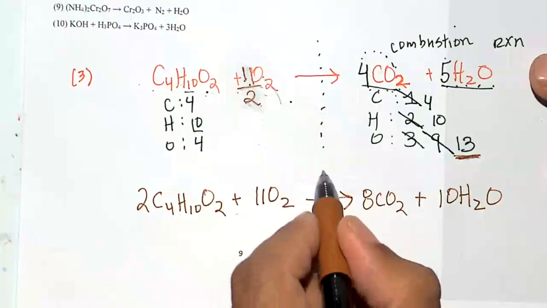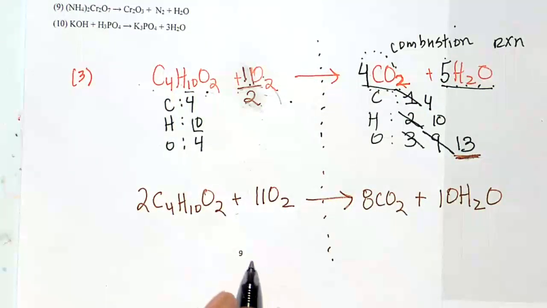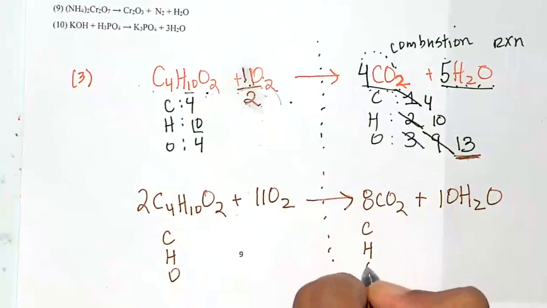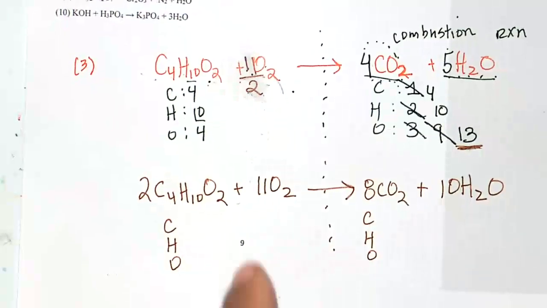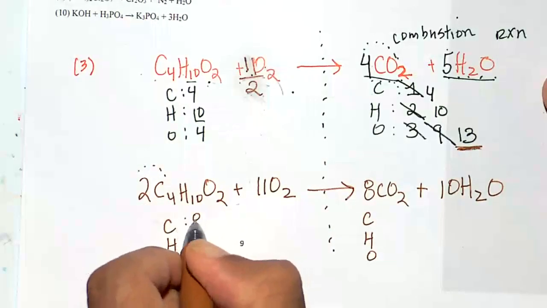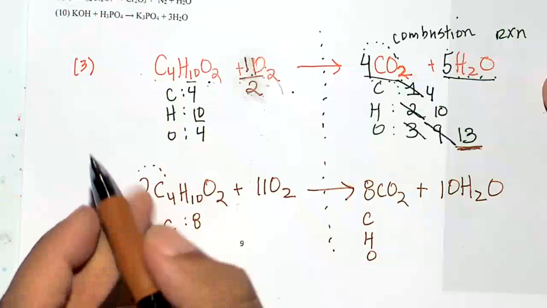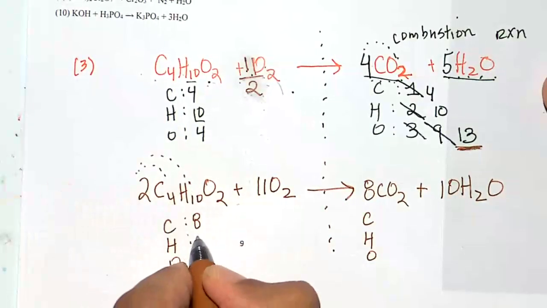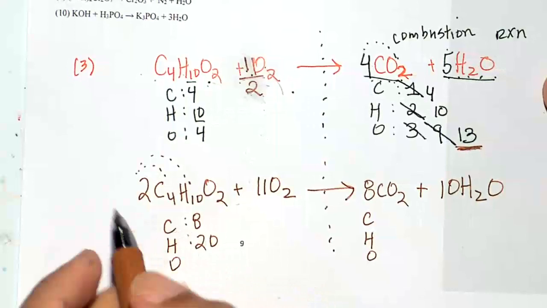All right, let's just double check and make sure we are correctly balanced. Carbon, hydrogen, oxygen. How many carbons do we have? 8. How many hydrogens do we have? 20.